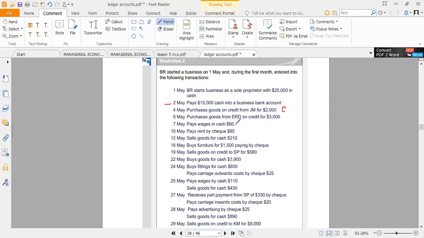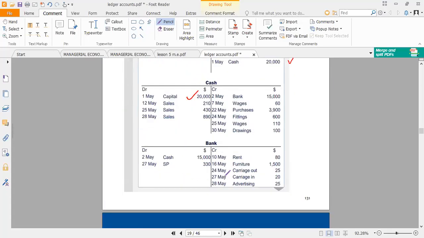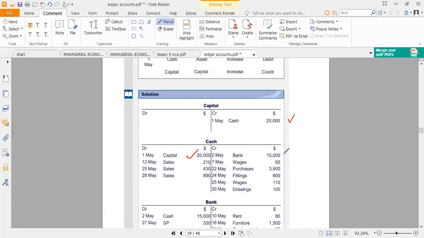So we are just depositing cash from the till and taking it into the bank. So our cash account is giving out, so we credit. And our bank account is receiving, we debit the same amount. So we go to the bank and the cash account. So cash account, we're going to give out how much? 15 to the bank. The bank will be receiving the 15.